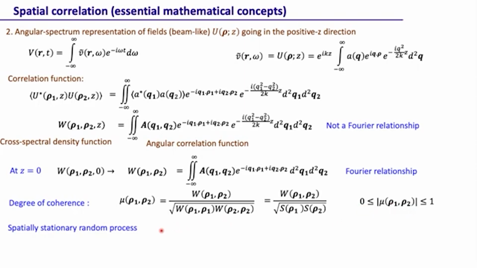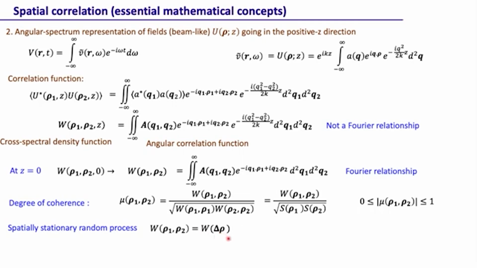Now if the random process is spatially stationary, then we saw that the correlation function has to depend on the spatial coordinates only through the difference. So W(rho1, rho2) has to be a function of delta rho only.